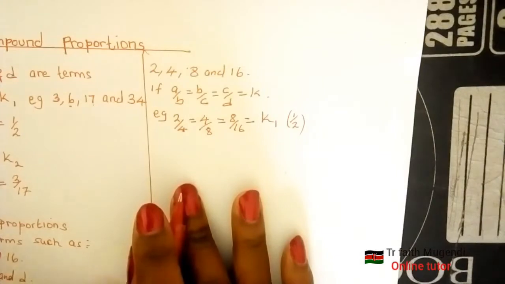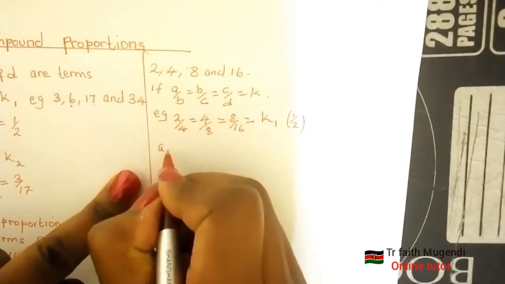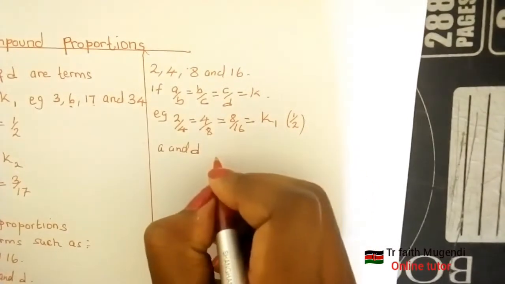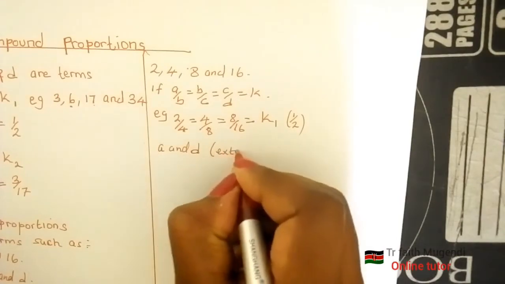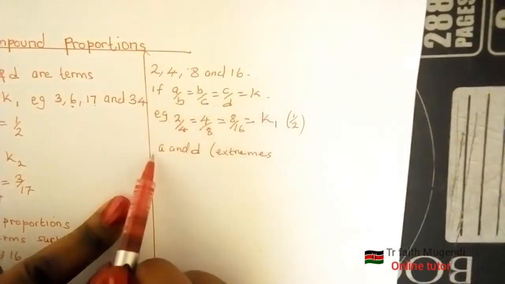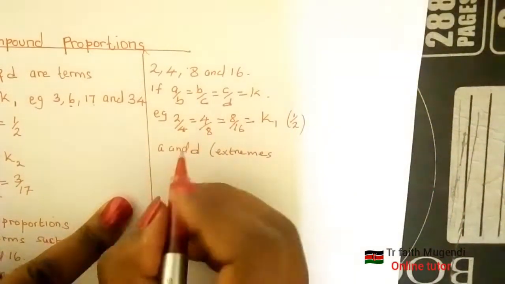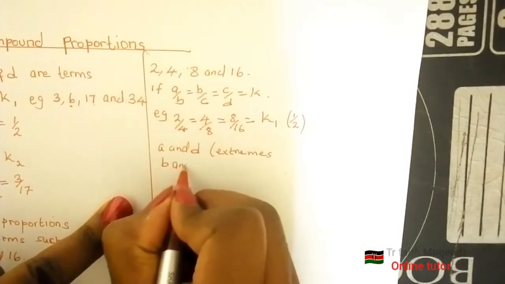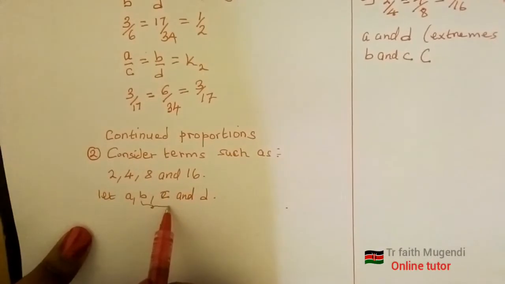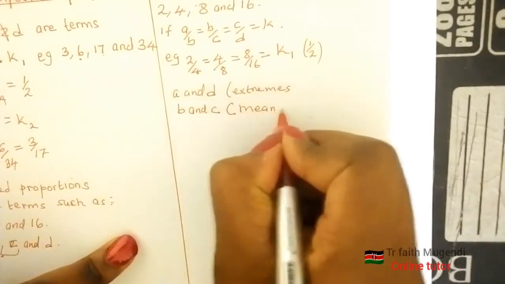A and D are referred to as extremes, because they are on the extreme sides: the beginning and the end. B and C are in the middle. These are the terms in the middle, and we call them the means.